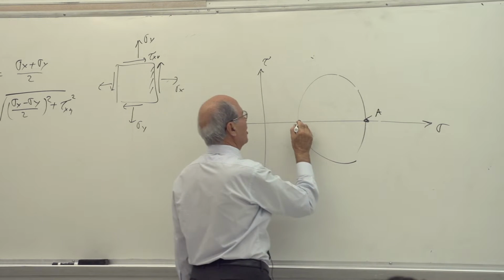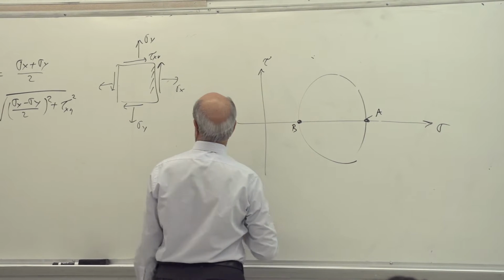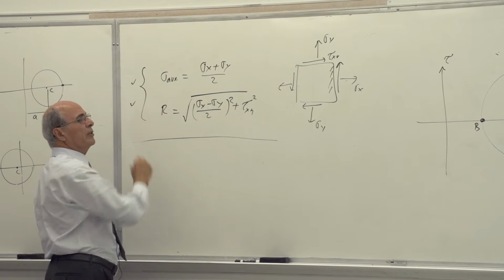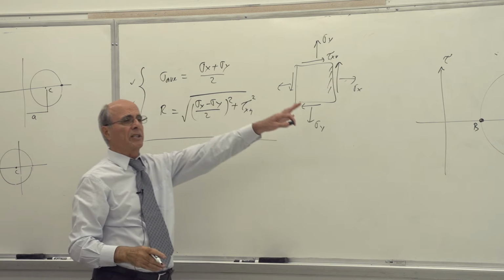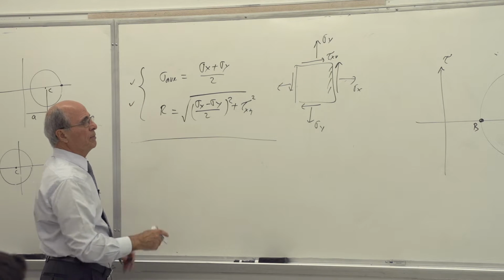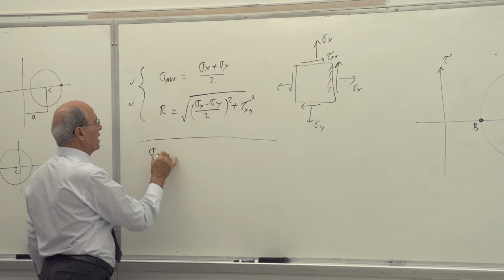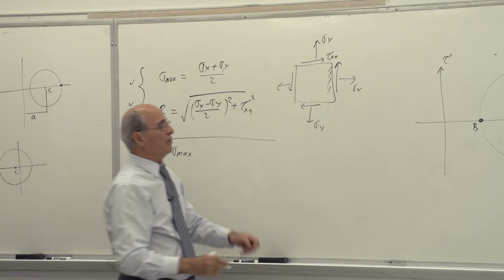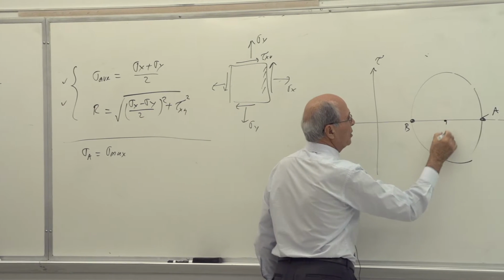In the handout, I call that one A or B, but this is the result after you plot it, for which you need only 2 data, 1 and 2. That's it. These 2 give you the circle. Now this is the analysis of the circle that everybody should remember. You call it sigma A. You can call it in this problem sigma max because this is the highest value. And how do we get it? Look what happened.